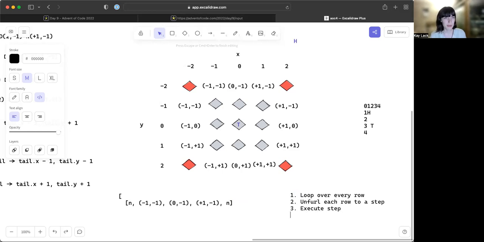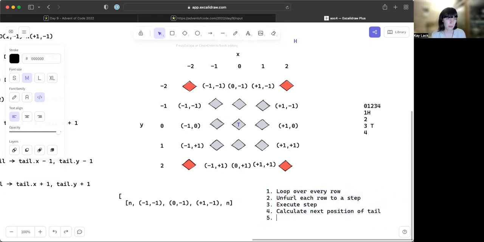Execute step. Calculate next position of tail. Add tail position to set. Keep going. Count items in set.